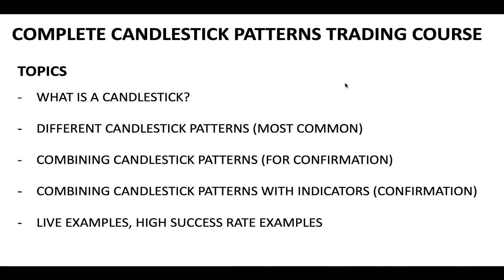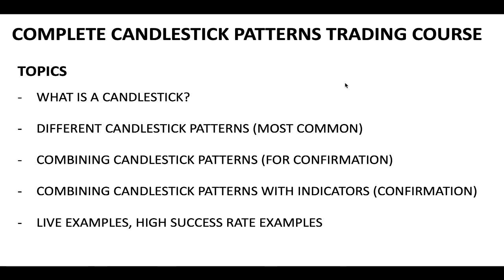For instance, say Apple is trading at $20 a share. If you see multiple candlestick patterns around $20, then there's your confirmation. You're almost certain that the market is going to behave the way you're predicting.